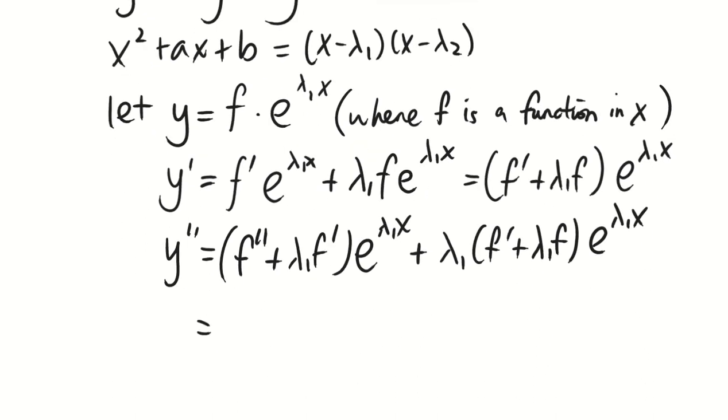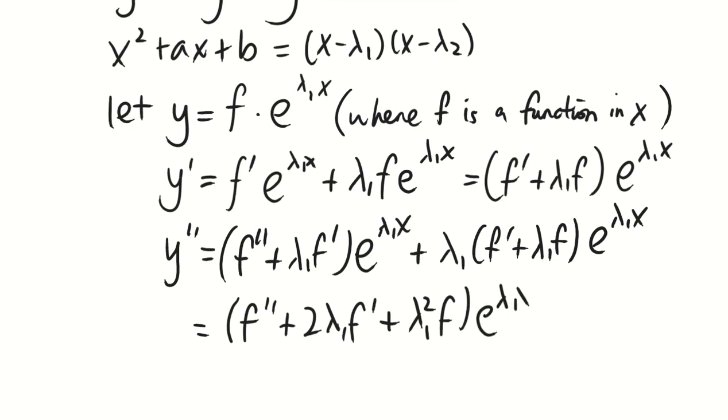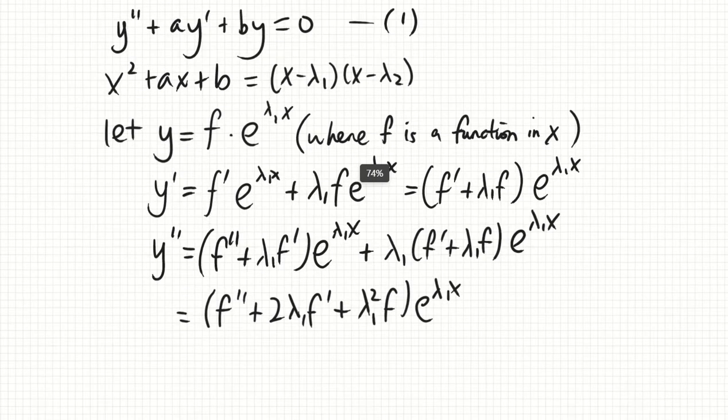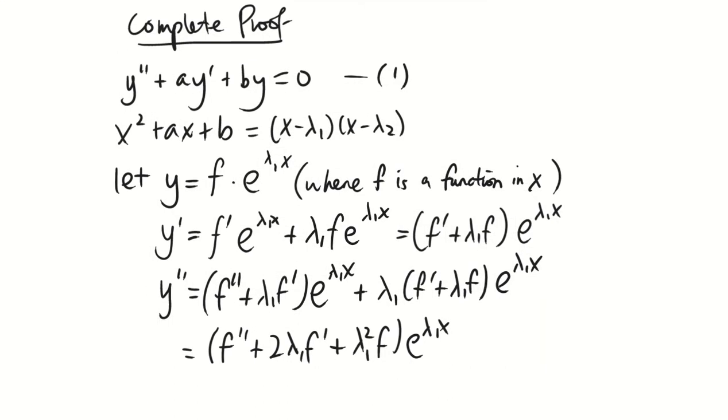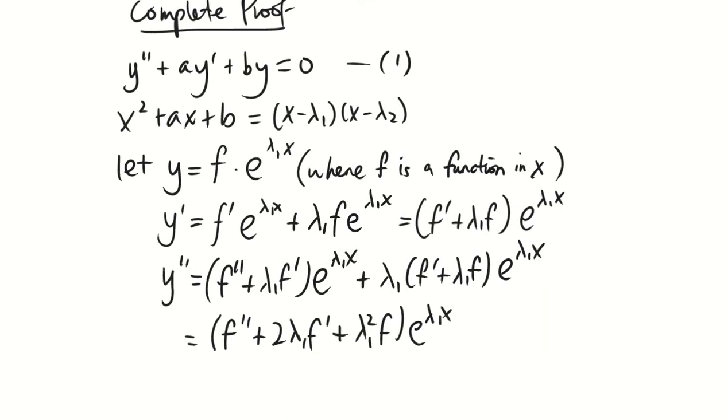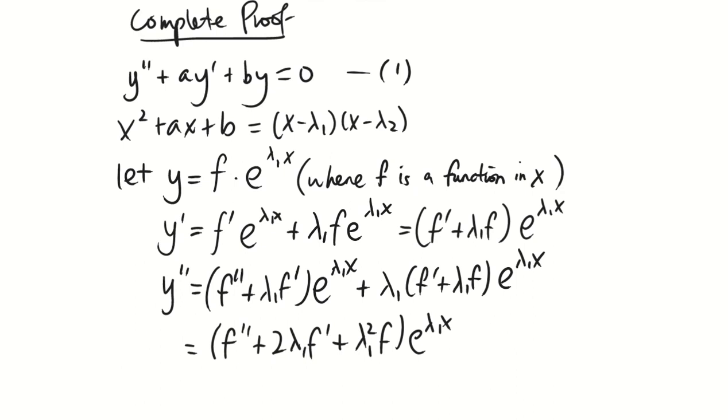So let's simplify this, and we get f prime prime plus 2 lambda 1 f prime plus lambda 1 squared f, times e to the lambda 1x. So we have the expressions for these three terms, y, y prime, and y prime prime. And we substitute back into 1 and see what it simplifies to, right?